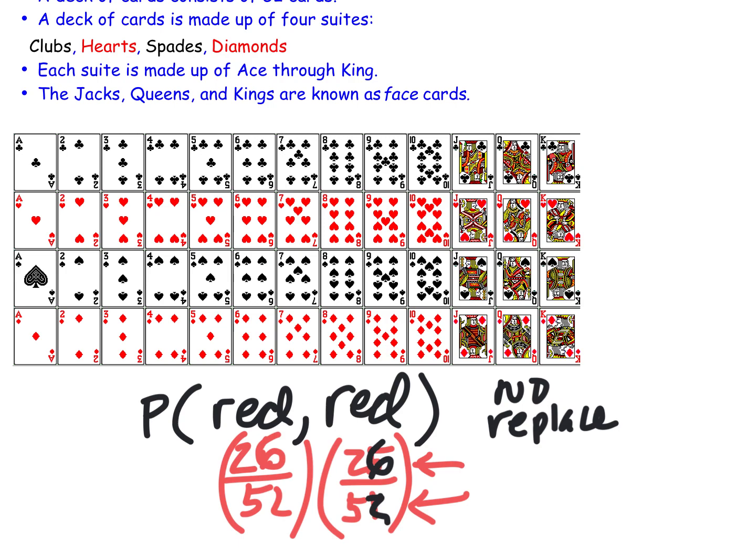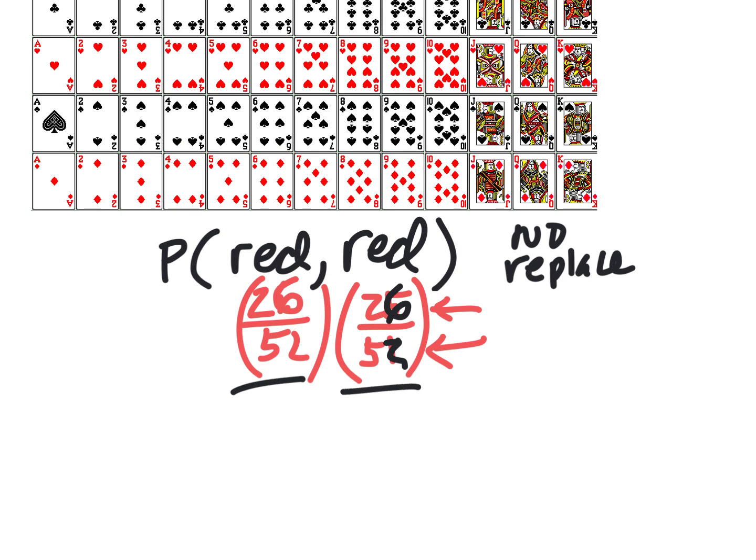That is about independent and dependent. If they're exactly the same, that means you put it back, and it doesn't matter what you picked first. They're independent. If you don't replace it, and you get 25 out of 51, that means it depended on what you got, and those were dependent.